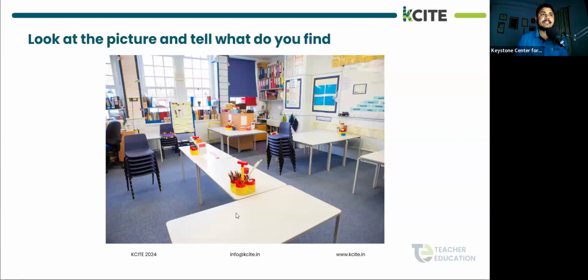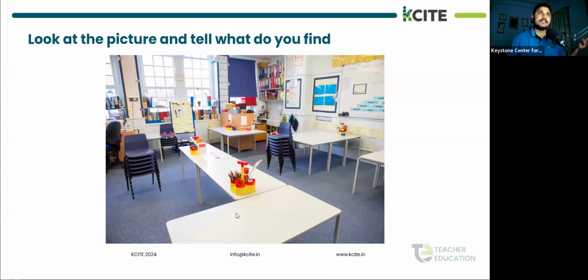Group wise tables, yes. Activity room, yes. This is an activity room. That's it. There's no other thing inside this room. Just a couple of things you mentioned.